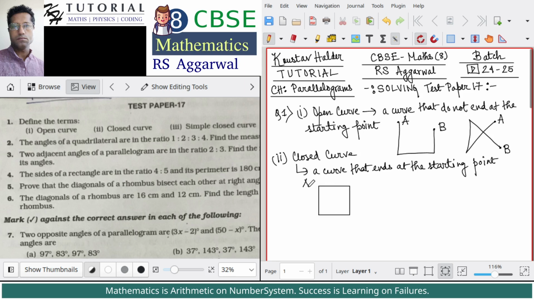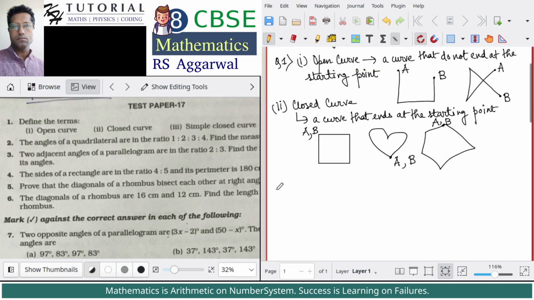I started at the point A and the point B also coincides, so I ended at the point where I started drawing this figure. Similarly, this is a closed curve. This is the point I started and this is the point where I ended. Also, this is a closed curve. I started at the point A and ended at the same point. So these are closed curves.